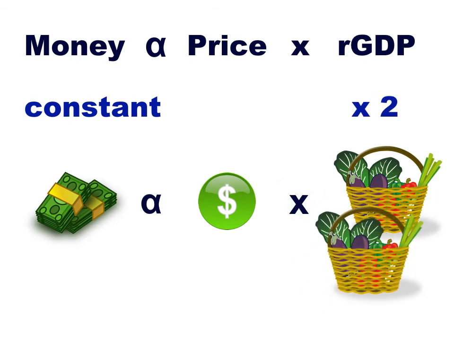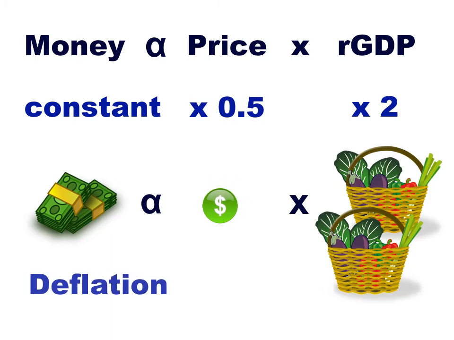If this is the case, then our price level is going to be 0.5. Right? Notice how that price level decreased. This, of course, would be deflation. So money, which is constant, I'm multiplying my price by 0.5.